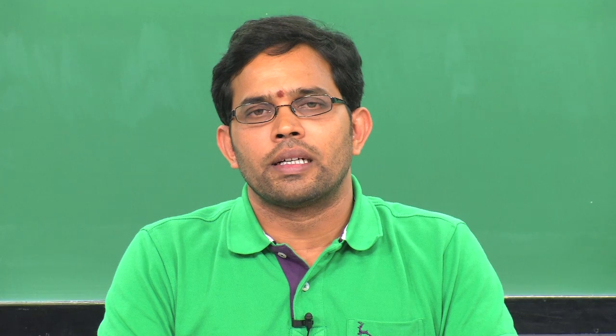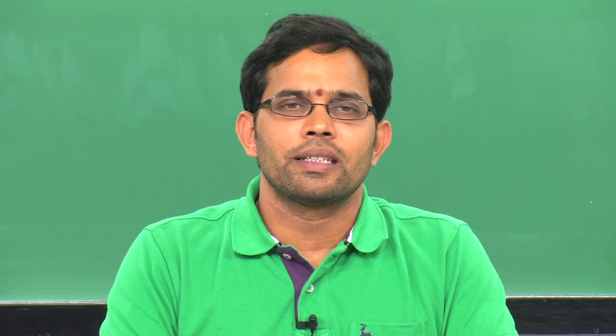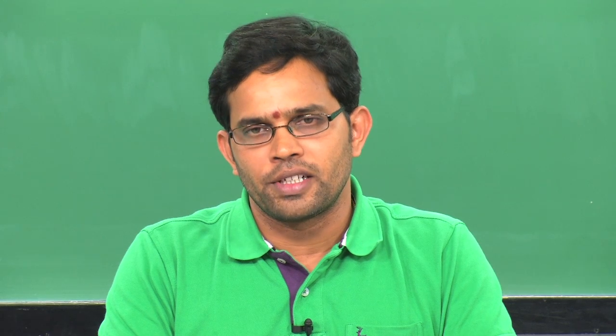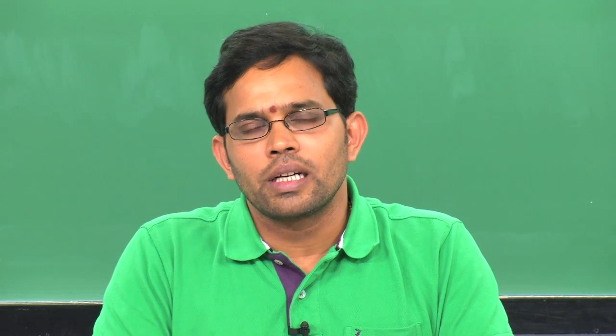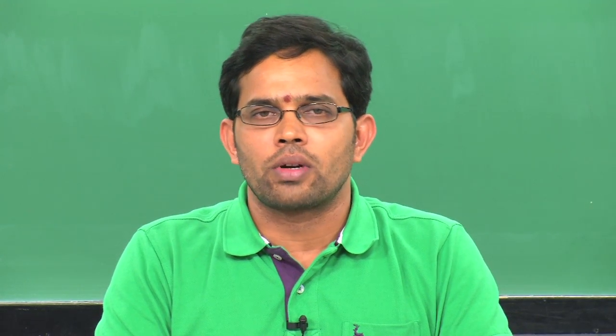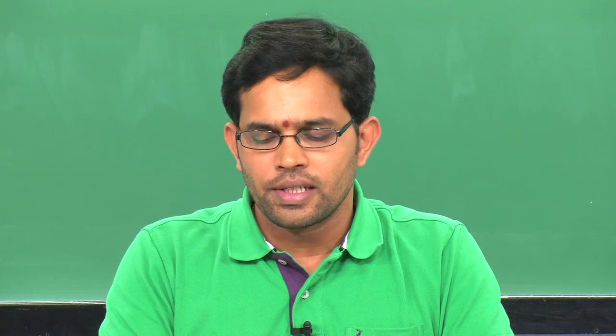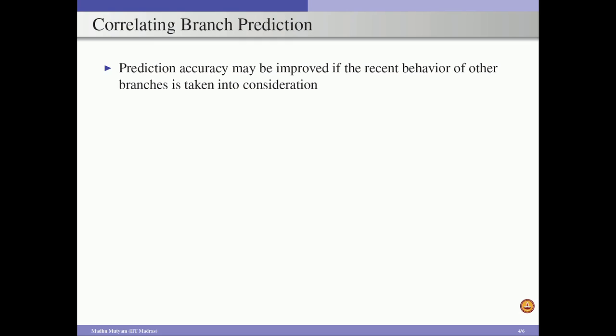So, this shows that we need to come up with a better branch predictor than just a 2-bit dynamic branch predictor. So, we will consider 2-level branch predictors, also called correlating branch predictors, and here the prediction accuracy can be improved if the recent behavior of other branches is taken into consideration.